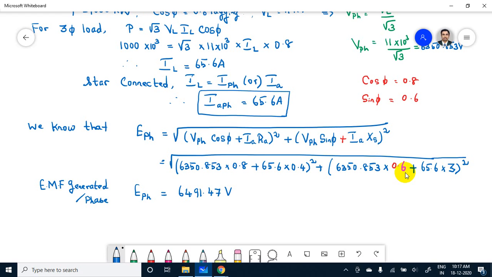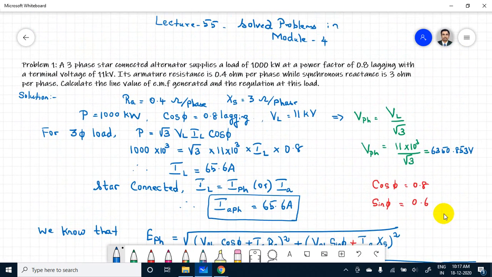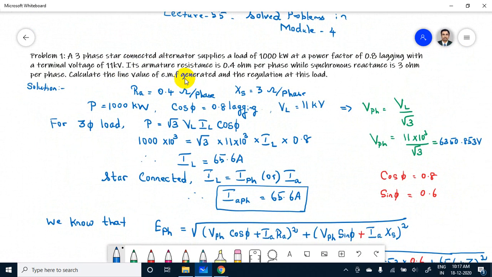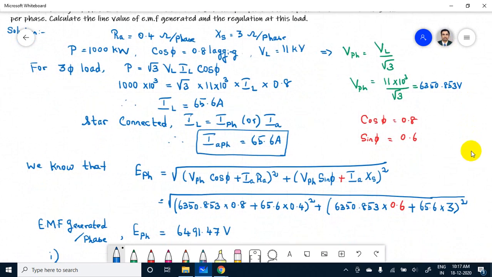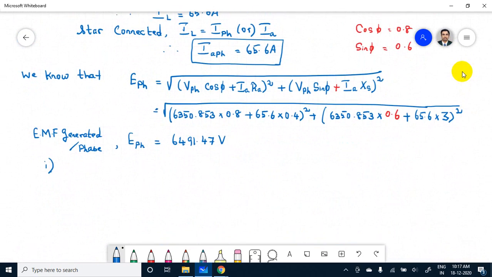Now, first subdivision as per your question. Your question denotes calculate the line value of EMF generated.